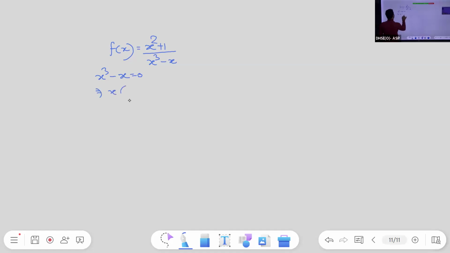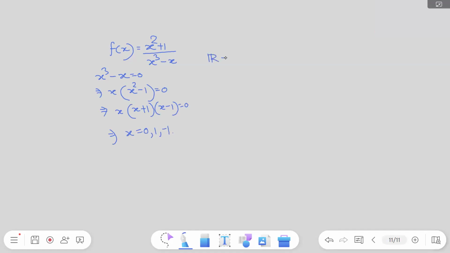This implies x into x square minus 1 is equal to 0. This implies x into x plus 1 into x minus 1 is equal to 0. Implies x is equal to 0, x is equal to 1, or x is equal to minus 1. Hence, domain of the function is R minus {0, 1, minus 1}. I hope it is clear to you.